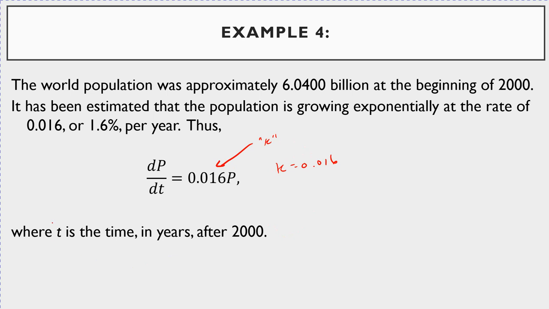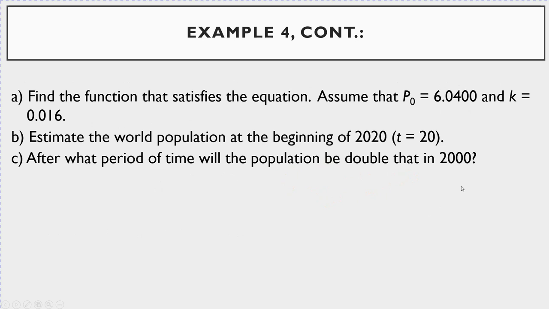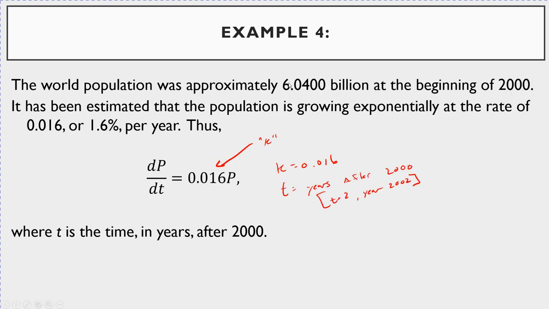All right, t is time in years after 2000. So for example, when t is equal to 2, that would be the year 2002. Just so that's what this means here. All right, so let's find a function that satisfies the equation. And again, assume that P sub 0 is, and so our function P is going to be defined in terms of billions of people.